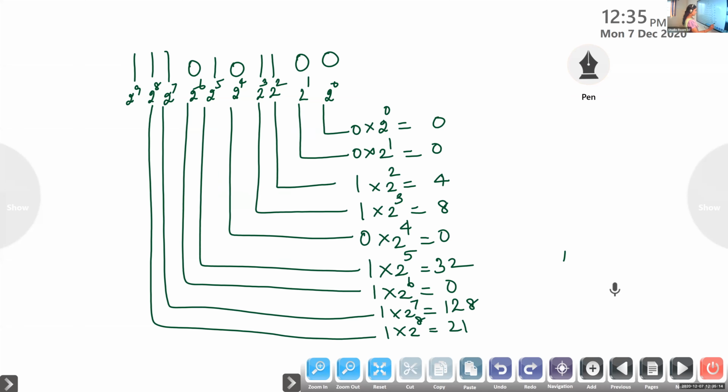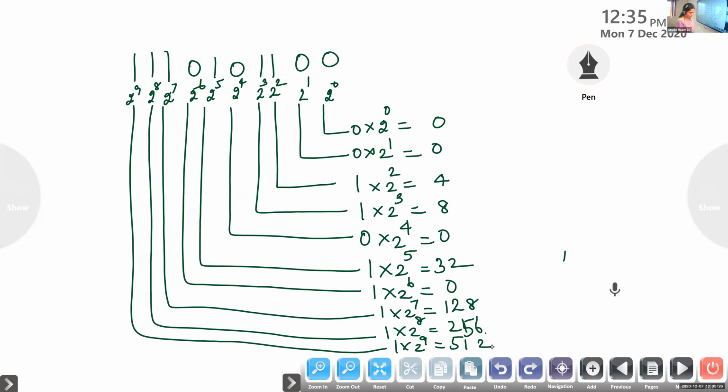Then 1 into 2 raised to 9. Is it 512? So add the numbers: 4, 8, 32, 128, 256, 512. Add the numbers and find out what the number is.